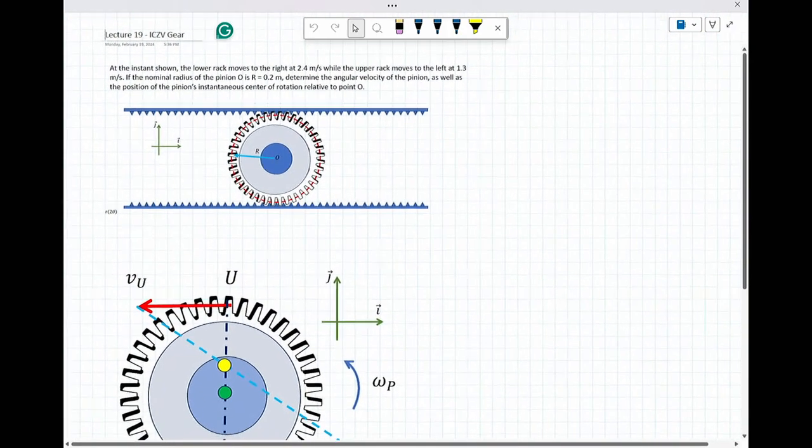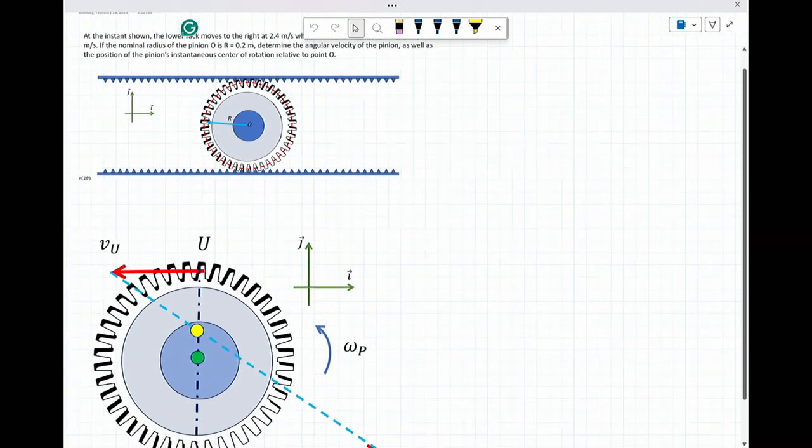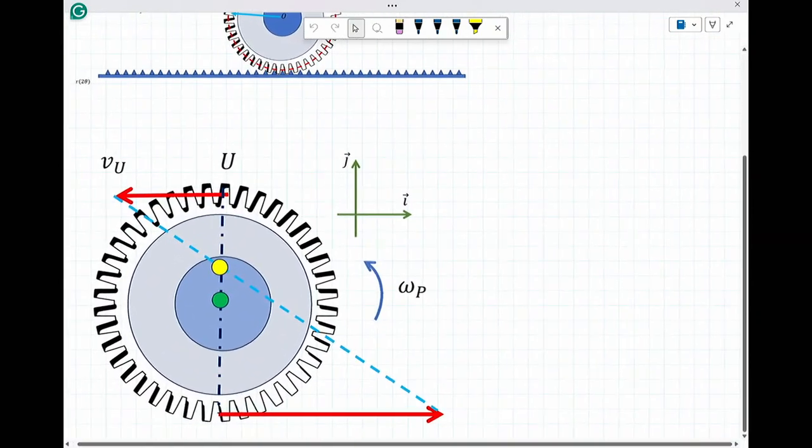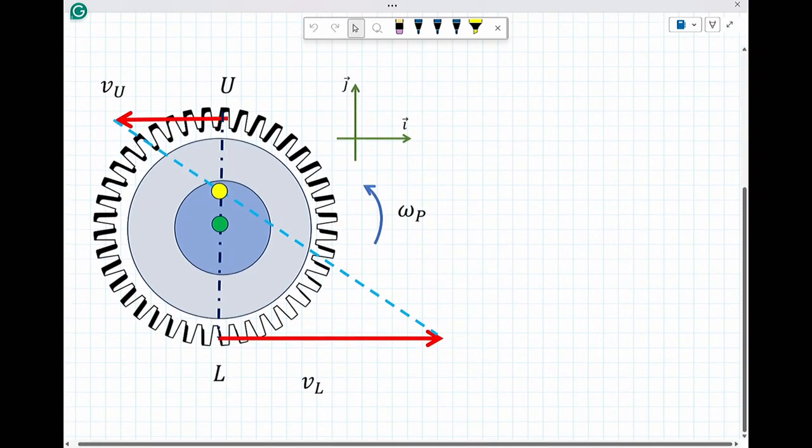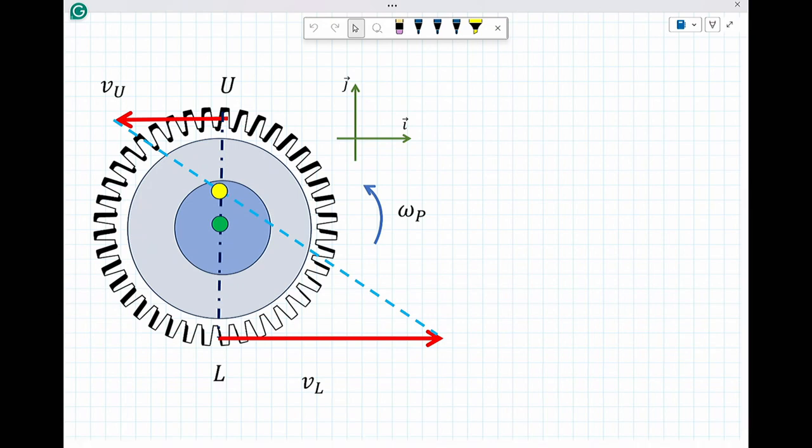All right. There you go. So moving to the right, moving to the left. I've cleverly used V sub L for the lower velocity, V sub U for the upper velocity.